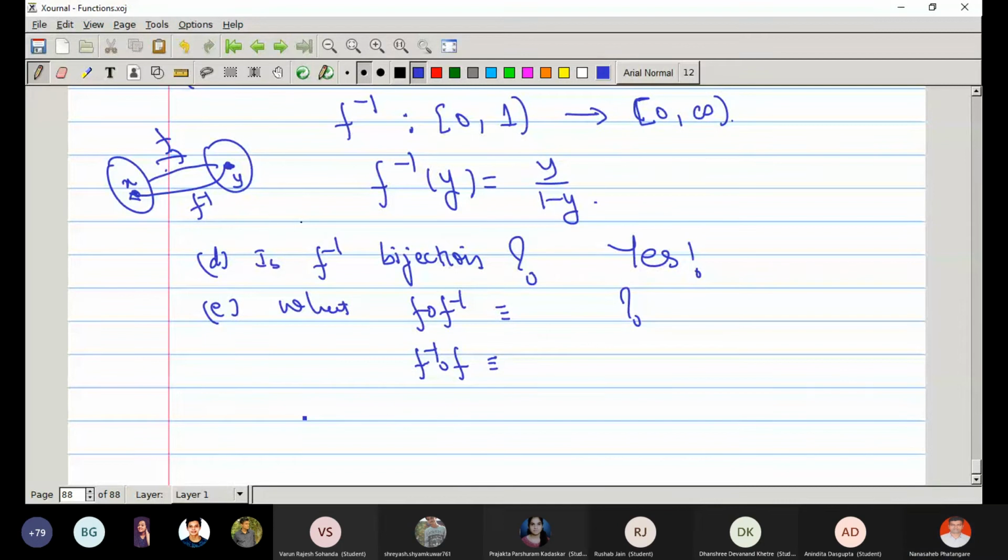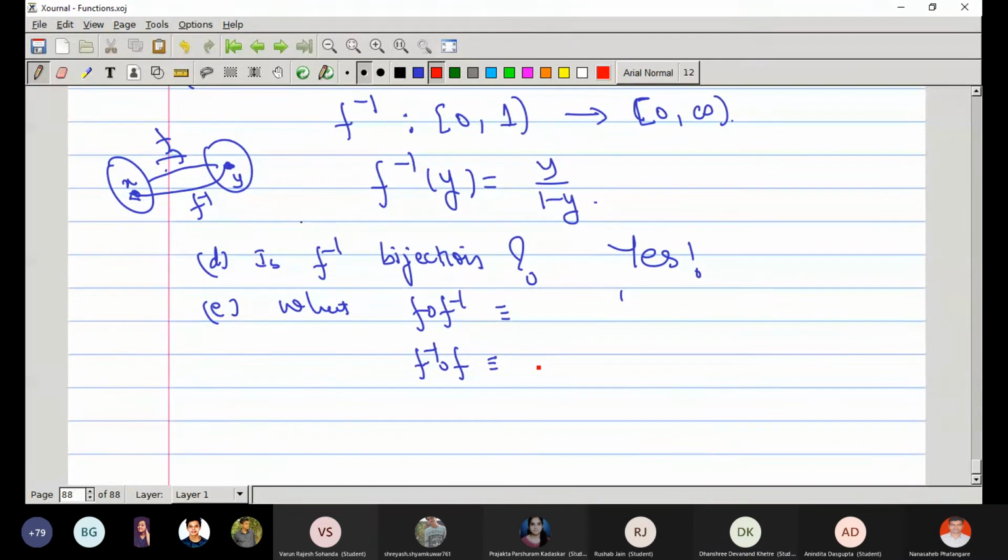What is f composite f inverse? You check this. f inverse composite f is the identity on which set? 0 to 1.